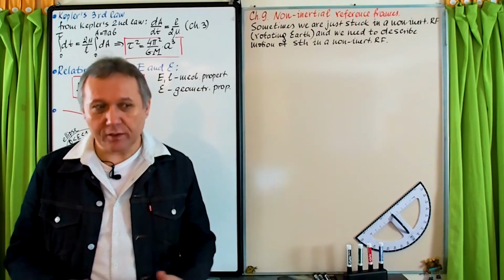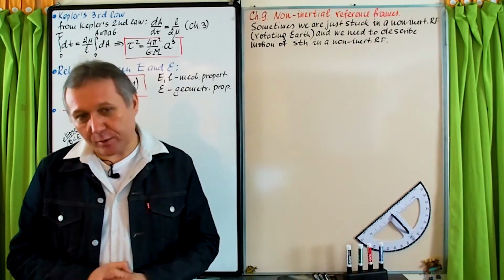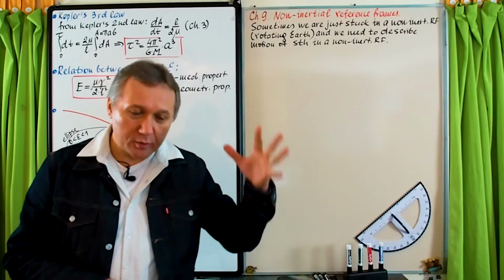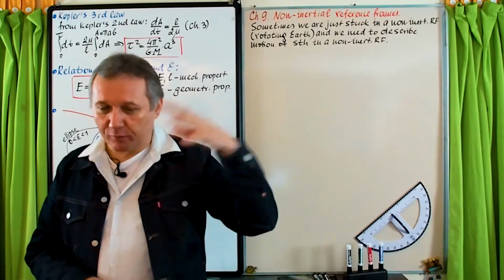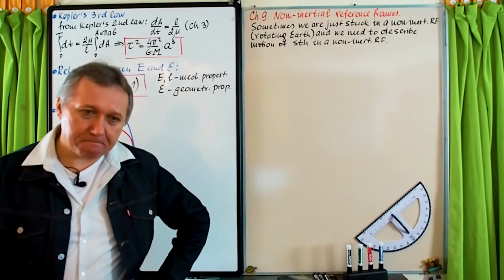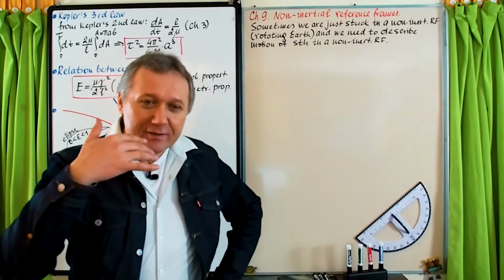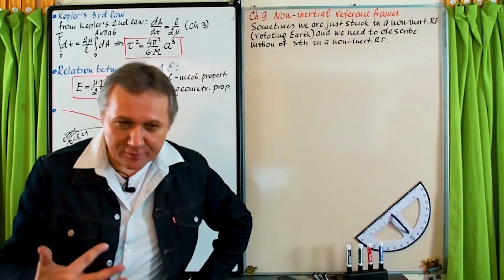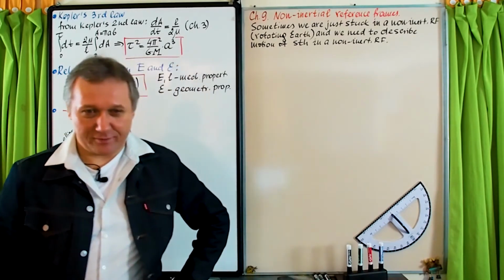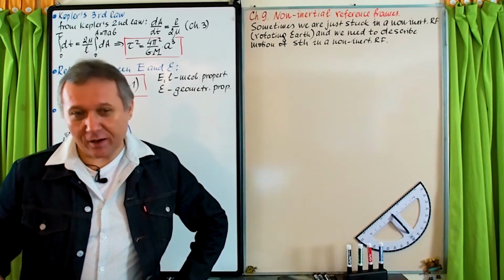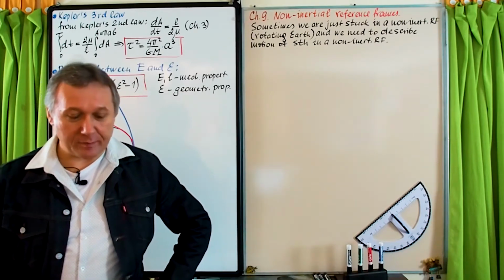Of course, with a certain degree of approximation, if we want to describe the motion of a car, we can still treat a non-inertial reference frame as an inertial one. But strictly speaking, we are in a non-inertial reference frame.